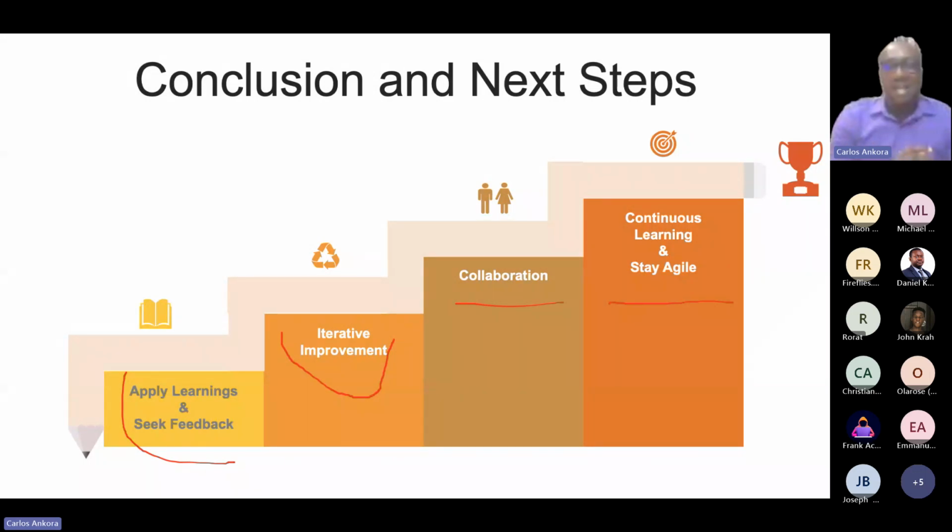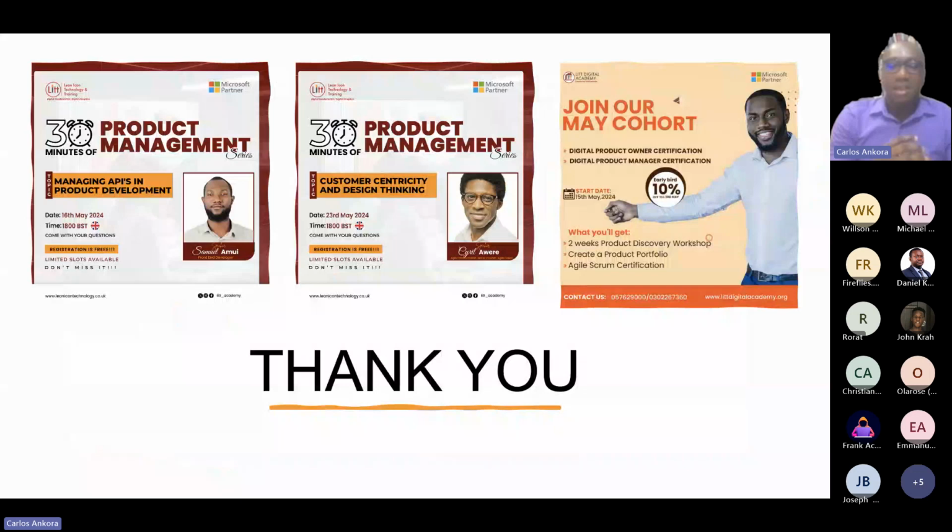Remember that Agile product ownership is not a one-time activity, but it's an ongoing process of adaptation and evolution. So we should continue learning by taking part in this 30-minute product management session. So let me just highlight the last bit. We're saying that we need to stay agile, we need to continue learning to improve ourselves.